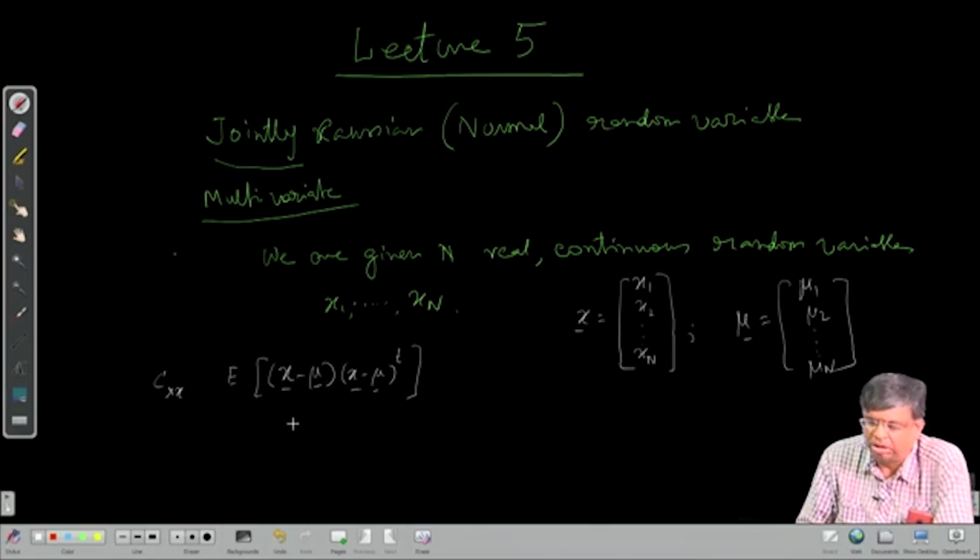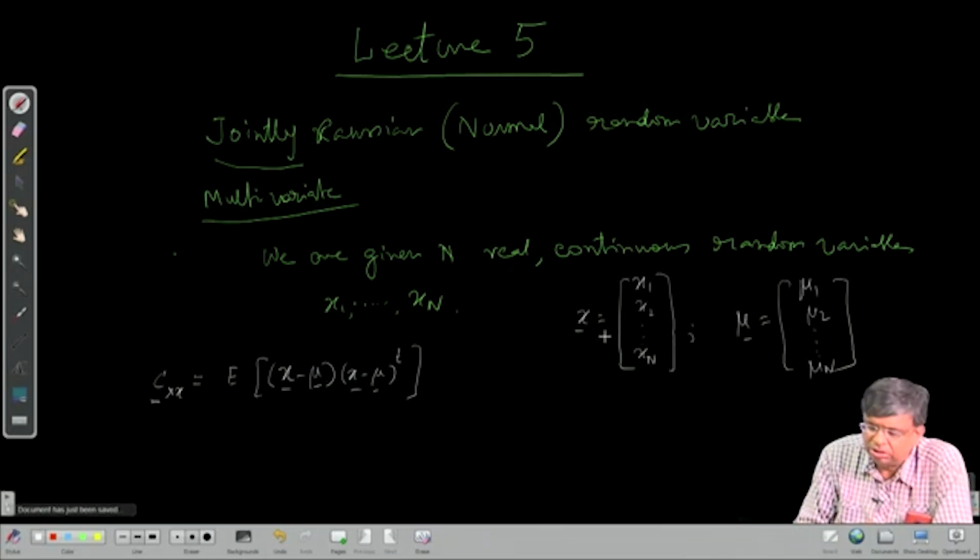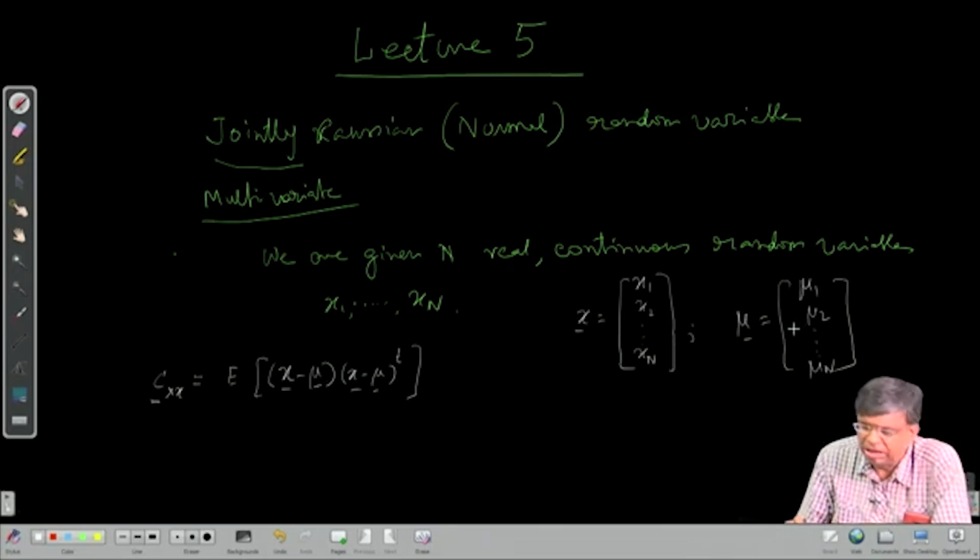You multiply one element here, one element there, so two elements of x get multiplied, maybe x1 minus mu1, x3 minus mu3. That is why we indicate it by 2x. It's a second order thing. Two random variables are multiplied. It's called the covariance matrix for this random vector. It's a random vector, everybody is a random variable and they are jointly random. So this we discussed last time. Mu is the mean. All right.